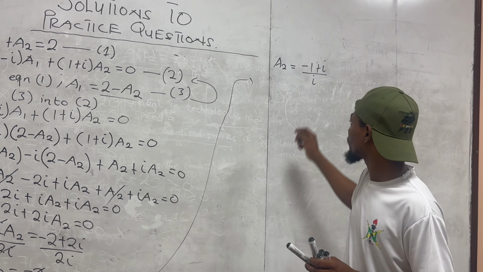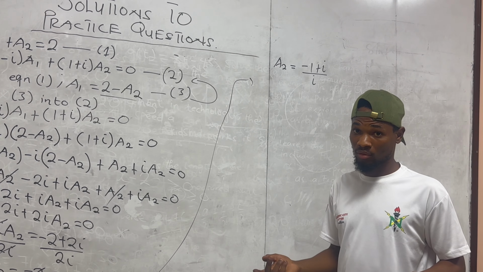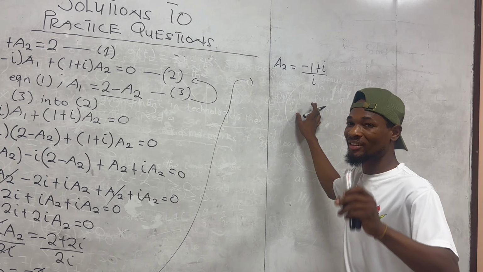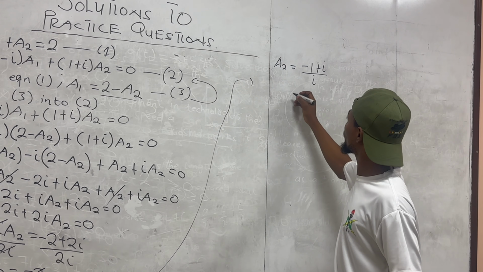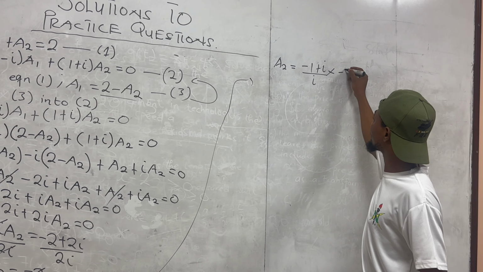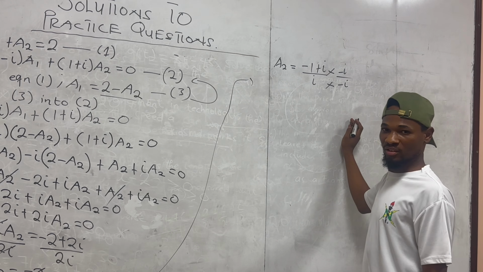Here, the conjugate of i is negative i. So I'll multiply here by negative i, and here too by negative i.